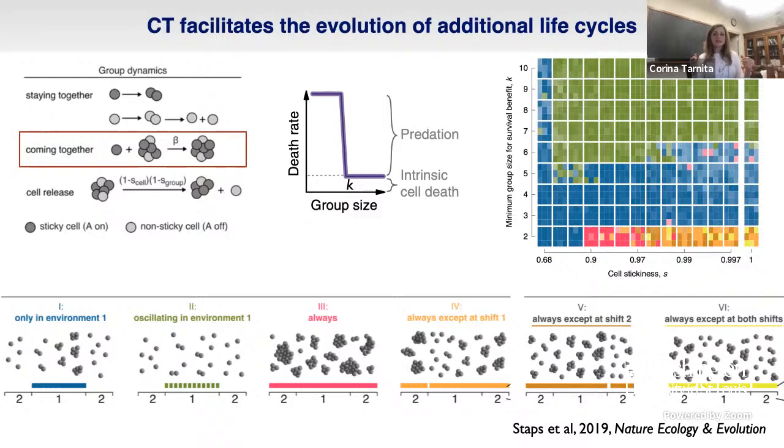Okay, that means that these groups grow for almost the entire length of one environment, then they collapse, and then they rebuild again and grow for the remainder of that environment, and then they collapse again, and so on.